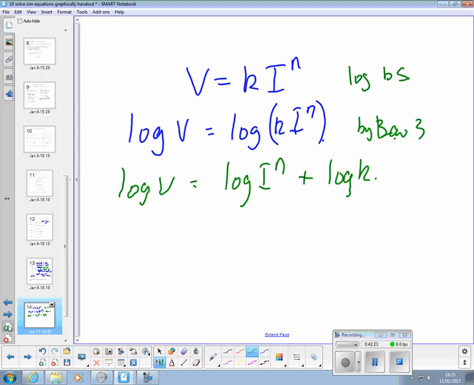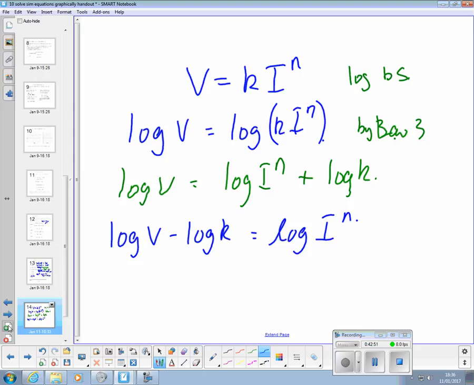We remember what we're heading for. We want n on its own. So if we subtract the log of k from both sides, log of v minus the log of k is equal to the log of i to the power of n. What can we do with that left hand side?